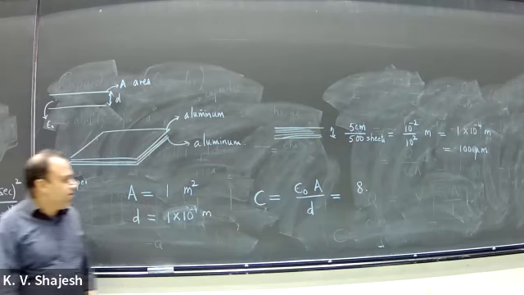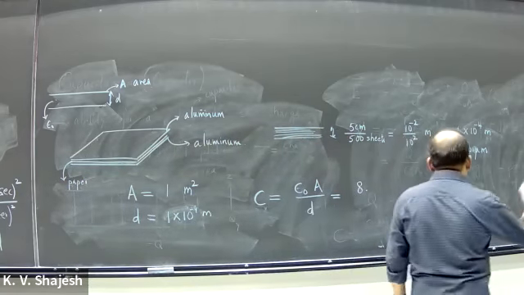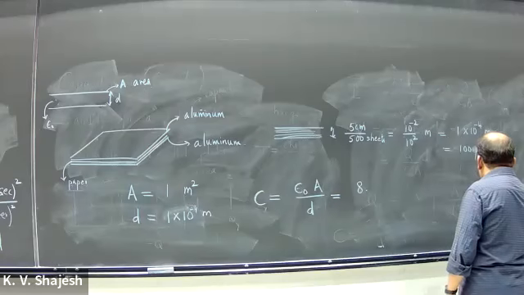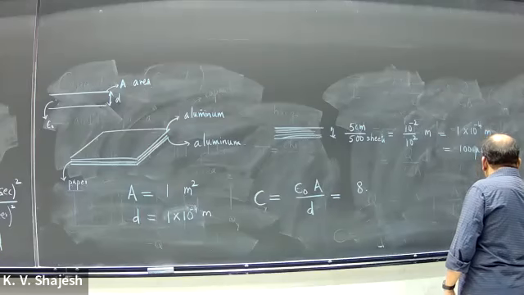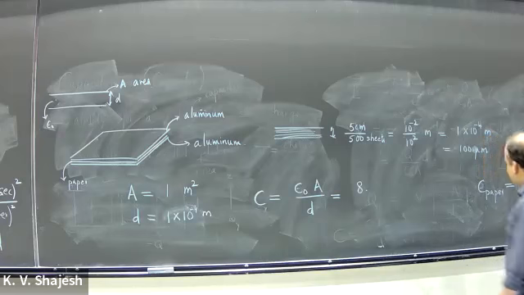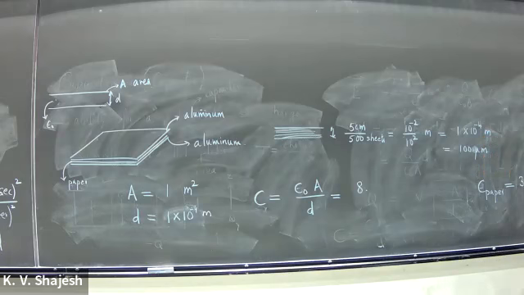That's not correct. In the next lecture, we will see it more explicitly. And epsilon for a paper is 3.5 times epsilon naught, where epsilon naught is for a vacuum. Right?